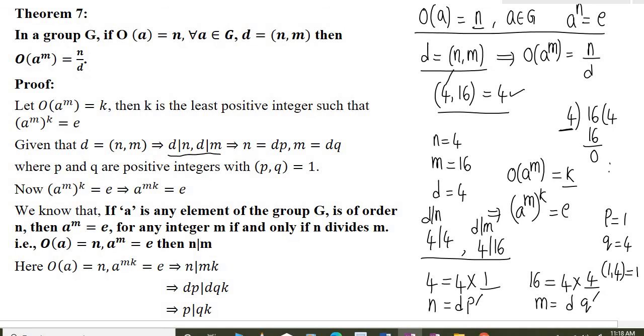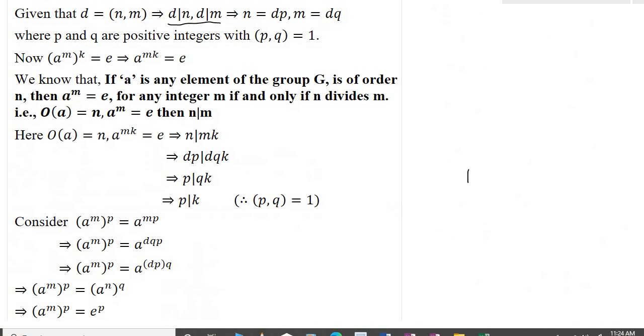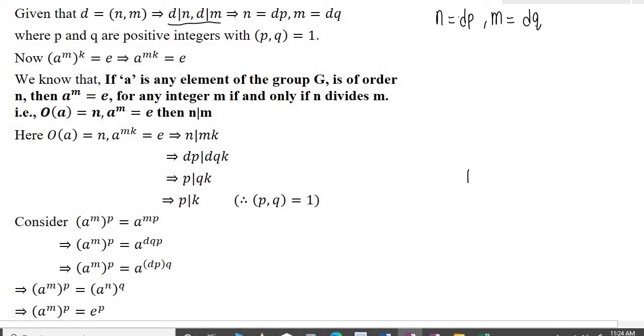So, if you write 1 here, 4 here, 1 4s are 4, remainder 0. So, last non-zero remainder is GCD. That's why P and Q are relatively prime. That's why n equal to dP and m equal to dQ, where P and Q are positive integers with GCD of P comma Q equal to 1.